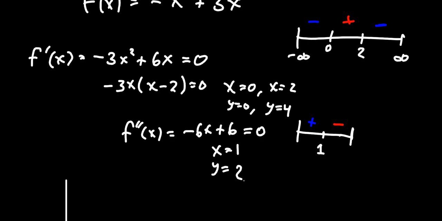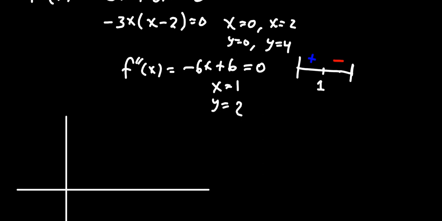So now we're ready to graph the function. I'm going to use my critical points in blue. We'll say 1, 2 is right here. At 0, 0, we also have a critical point.